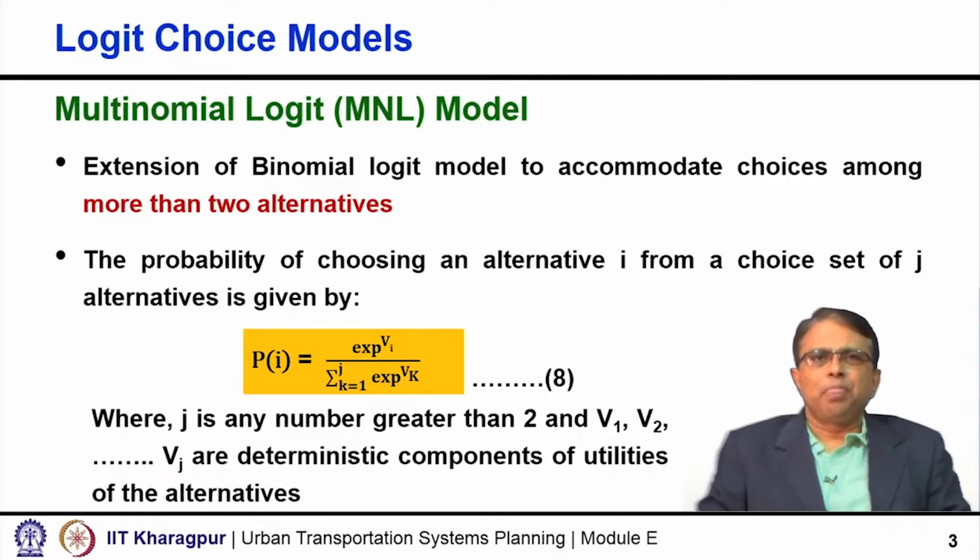So, the denominator will be the sum of e to the power V k, where k is 1 to j. j is greater than 2 as I mentioned, and V 1, V 2, V j are the deterministic components of the utilities of the respective alternatives.